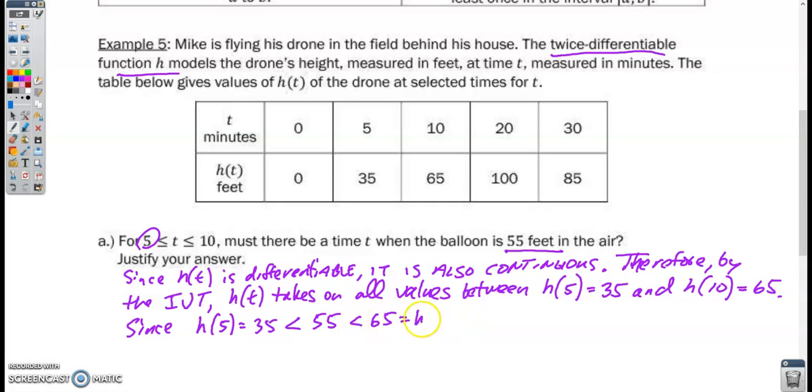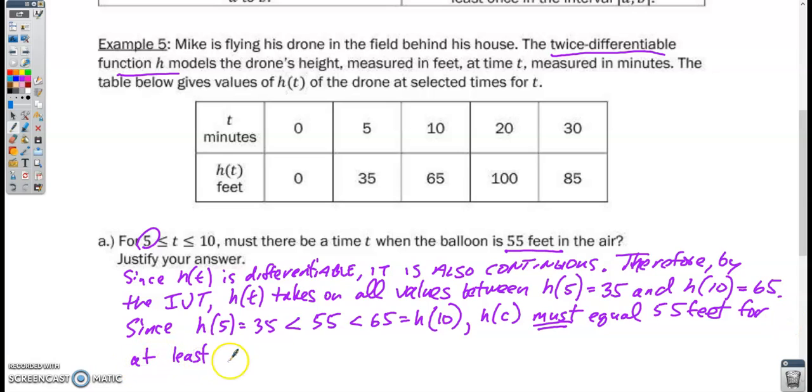In other words, 55 is in between those two endpoint function values. That means h of c must equal 55 feet for at least one time value in the interval from 5 to 10 by the intermediate value theorem. Okay, there's my explanation of my answer to that.